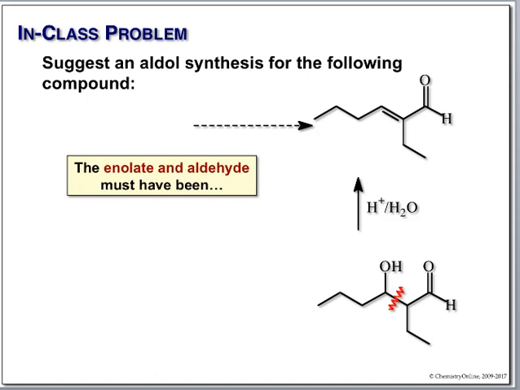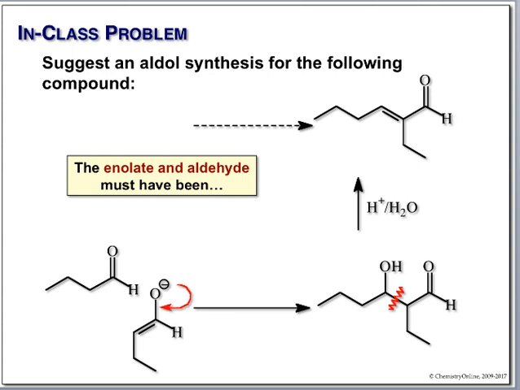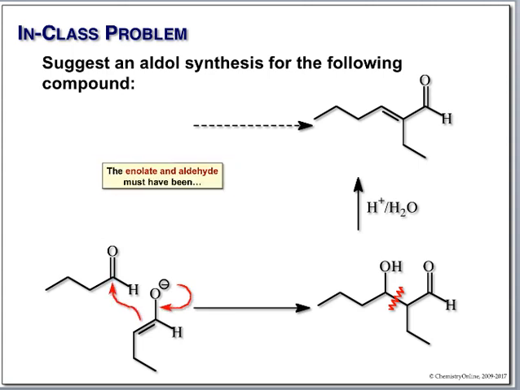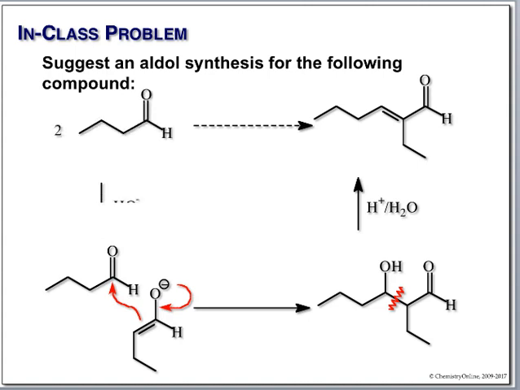Therefore, our enolate must have looked like this. The aldehyde looked like this. The enolate anion attacked to give us this adduct. And our aldehyde, simply 2 moles of butanol.